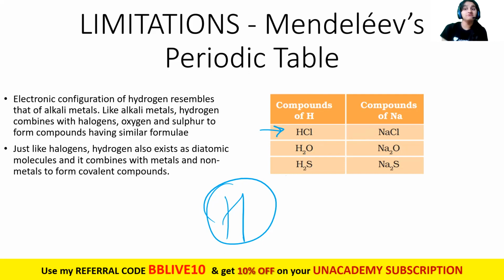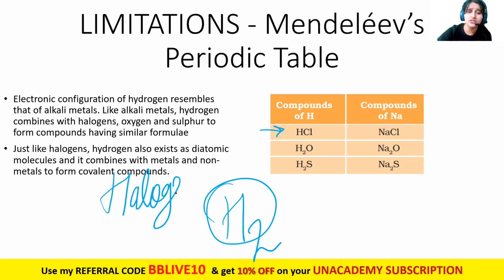So hydrogen was like, I am an alkali metal. But hydrogen existed in the diatomic form, that is as H2. It combined with metals and non-metals to form covalent bonds. And you know what? This is the property of halogens.